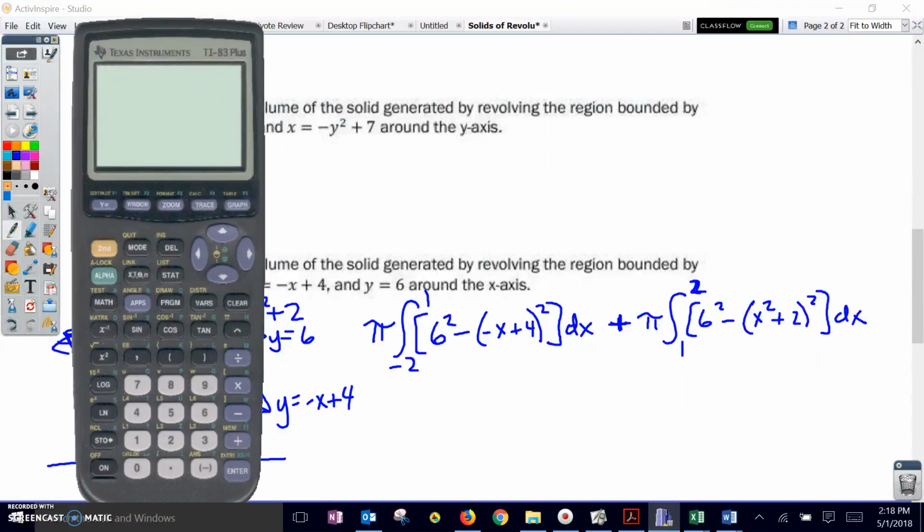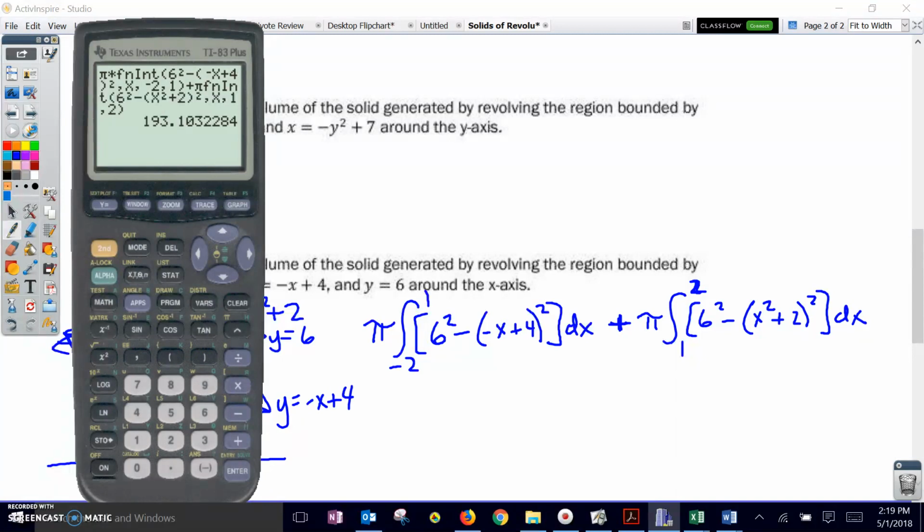So I'm going to quit out of here, and I've got pi times the integral of 6 squared minus quantity negative x plus 4 squared with respect to x from negative 2 to 1, plus pi times the integral of 6 squared minus quantity x squared plus 2 squared with respect to x from 1 to 2.